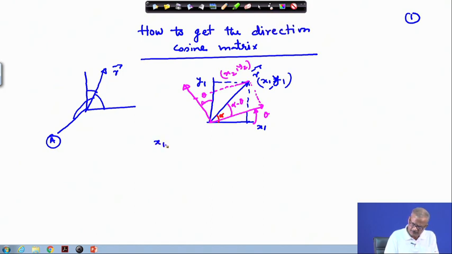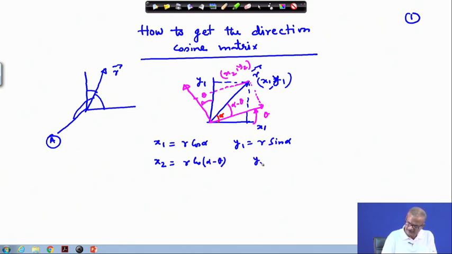So, we have x 1 equal to, this is the r vector, so its component will be r cos alpha, and similarly y 1 will be r sin alpha. In the new system, x 2, this component, will be r, which is the magnitude of this vector, times cos of alpha minus theta, and similarly y 2 will be r sin of alpha minus theta.